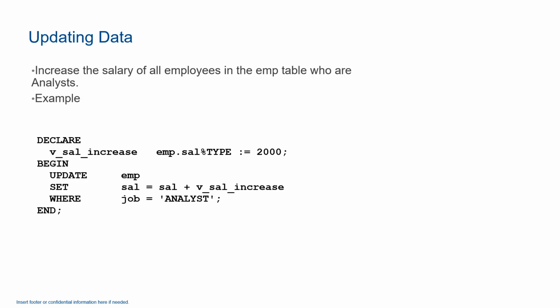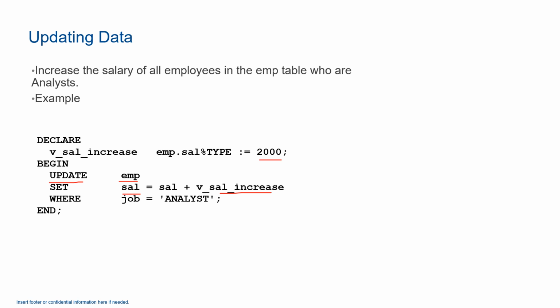Now, updating the data. Suppose we want to increase the salary of all employees in the employee table who are analysts. So we do UPDATE employee SET salary equals salary plus v_salary_increase. The amount of increase is 2000.